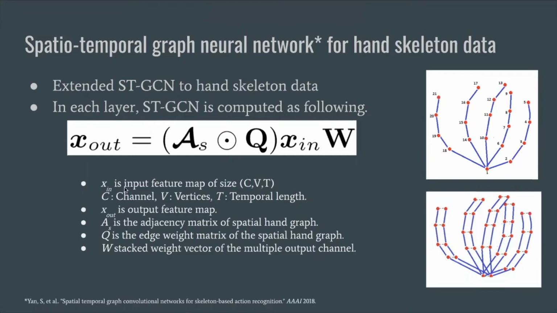And thus, we compute the output feature map using this equation, where AS is the spatial adjacency matrix, W is the stacked weight vector of multiple output channels, and Q is the edge weight matrix for the edges of this graph. So this is the computation equation after each block of ST-GCN, and for this work, we are using many layers of ST-GCN. We will talk about the final network later.